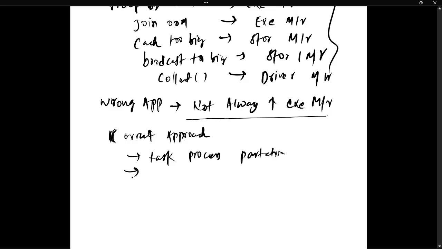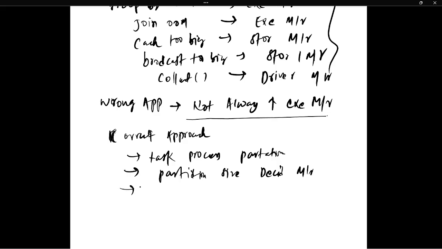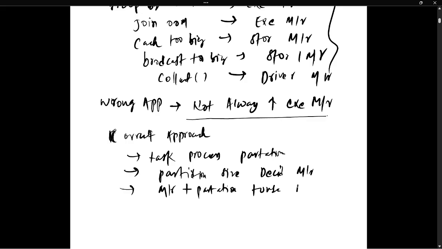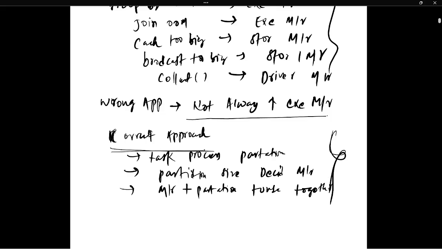Then partition size decides memory. So memory plus partitions are tuned together. If we follow this approach, then we will solve most of the production out of memory issues.